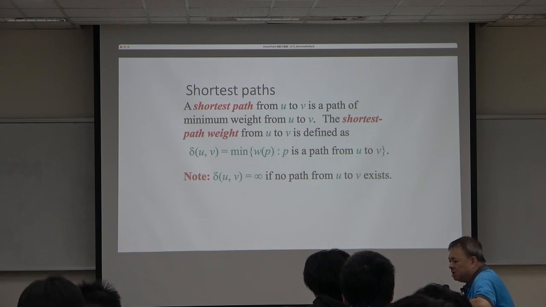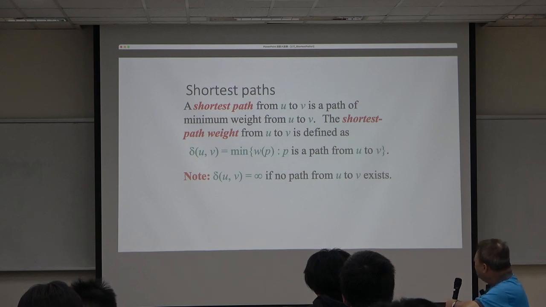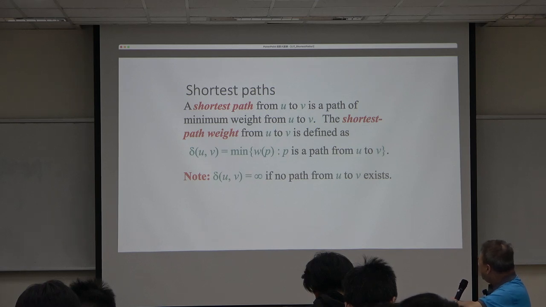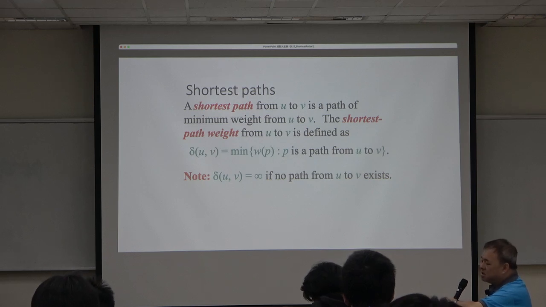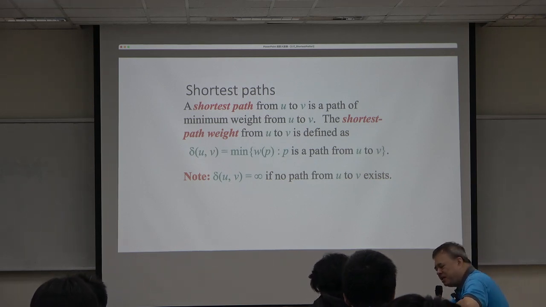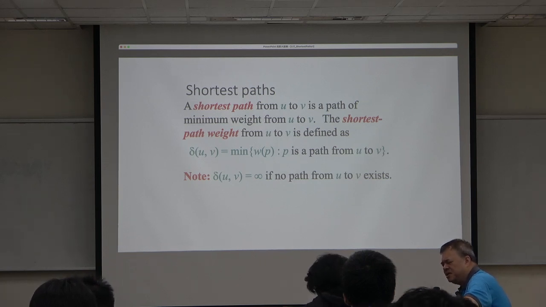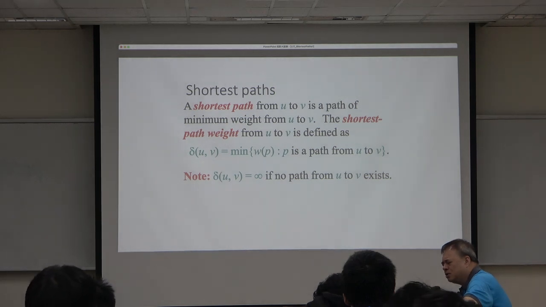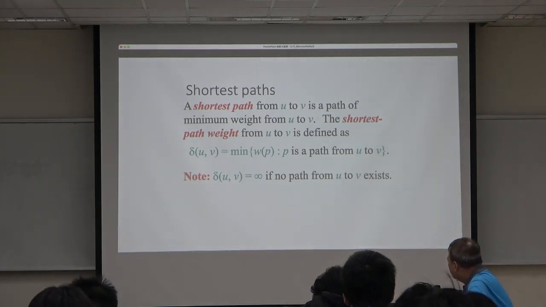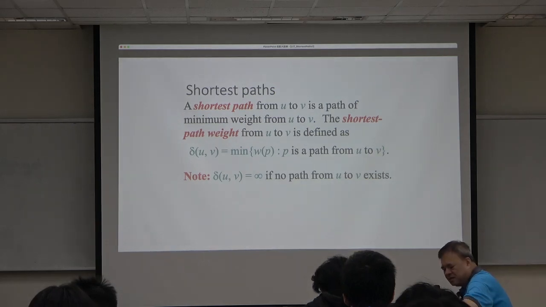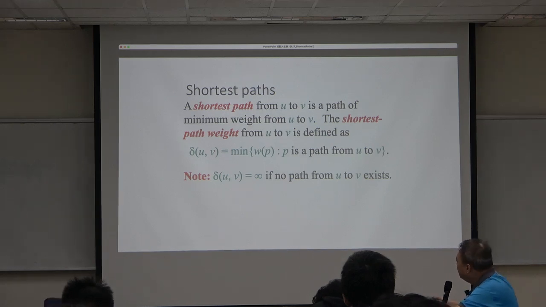A shortest path from U to V, from one node to another, is a path of minimum weight from U to V. So you may have many different paths from U to V, but what we want is the one with the shortest or minimum weight.